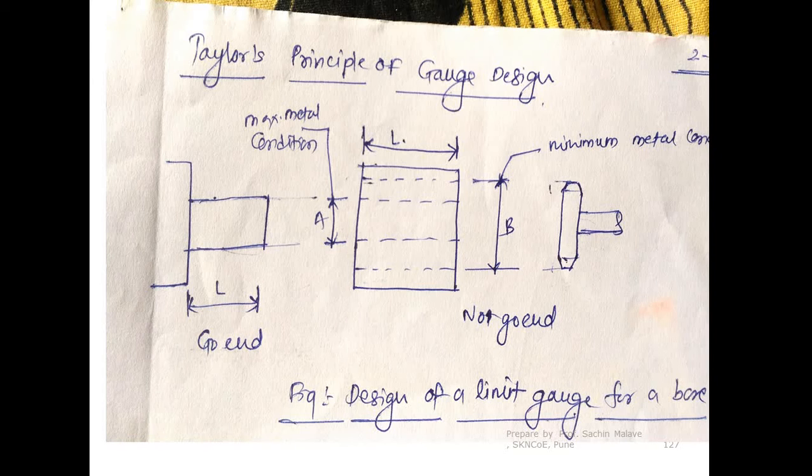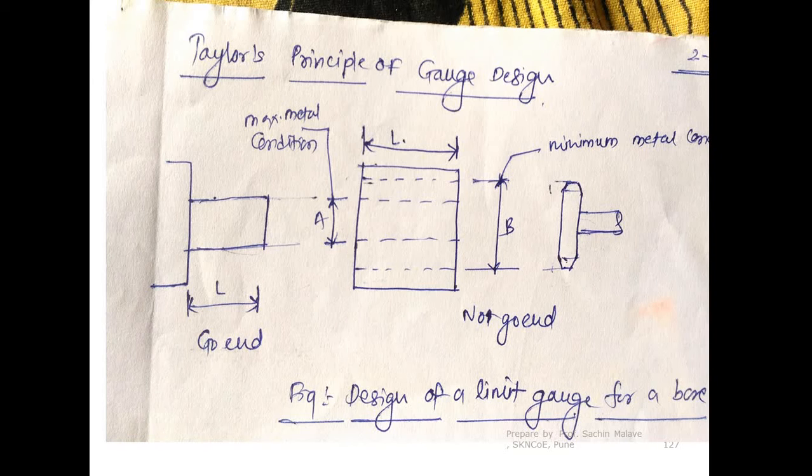If we correlate this with the metal condition, what amount of metal is remaining in a part? For example, when the hole attains the size A, that is when the hole is at its minimum size, what is the amount of material remaining in this part?